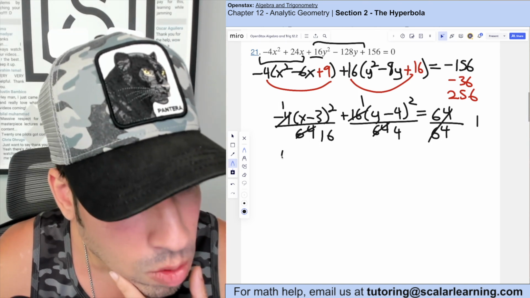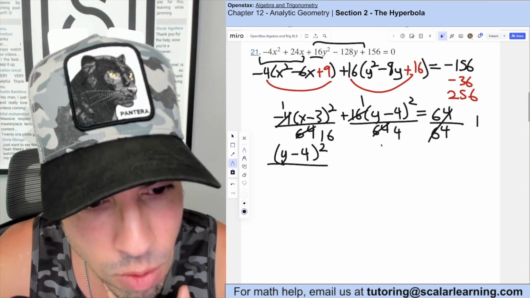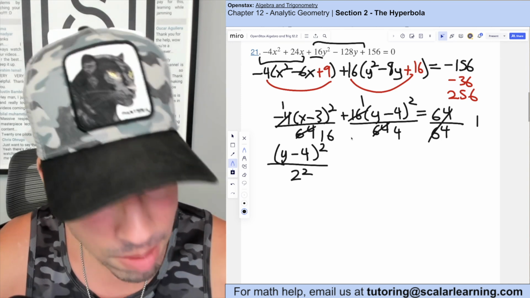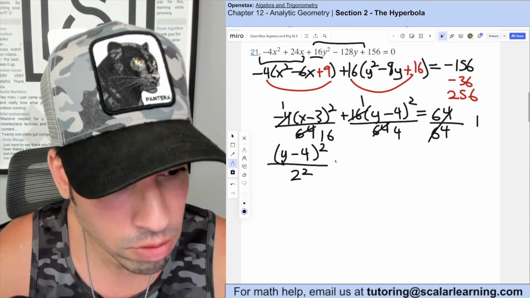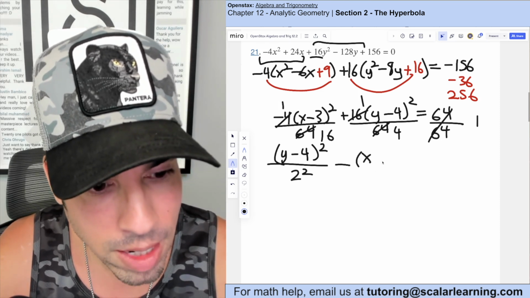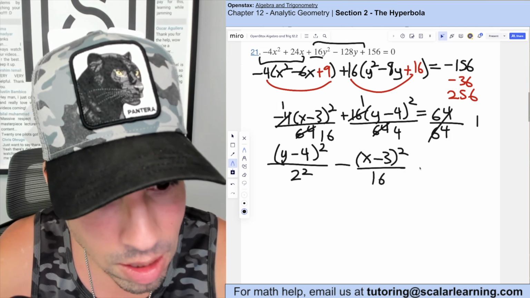So watch this. y minus 4 squared over, instead of 4, I'm going to say 2 squared. That's more of a formality again. They're the same thing, but this is just how we like to do it in standard form. And then I'm going to put this one second because it's negative, right? So minus x minus 3 squared over 16, and that equals 1.